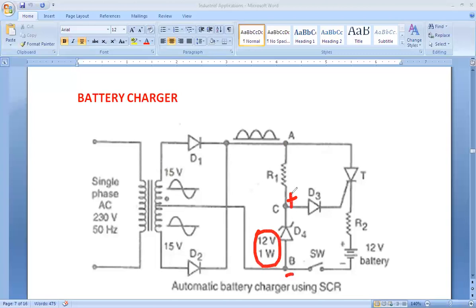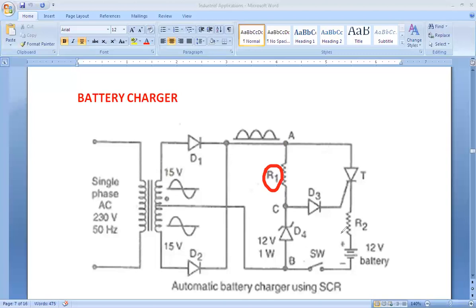Then what is the role of the resistances R1 and R2? The role of this resistance R1 is just to limit the current, right? Generally the voltage level available here is greater than 15 volt, so it may draw a higher current. So the role of R1 is just to limit the current, otherwise it may damage the Zener diode.